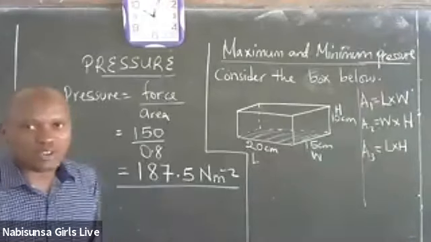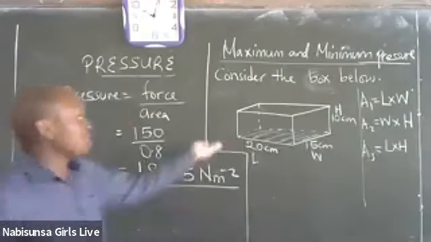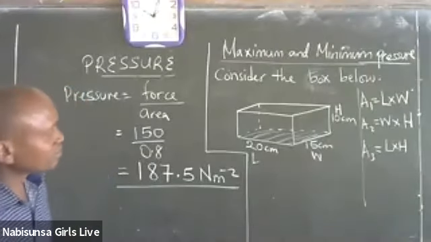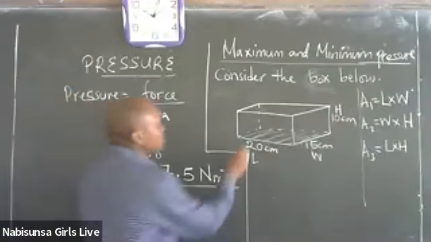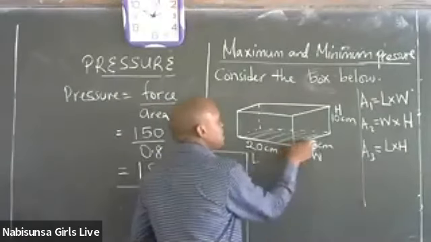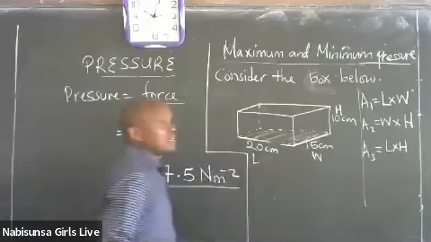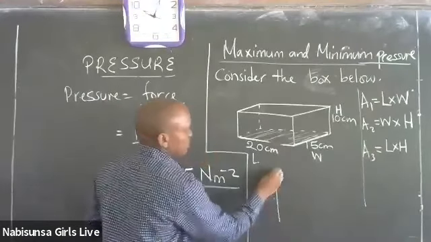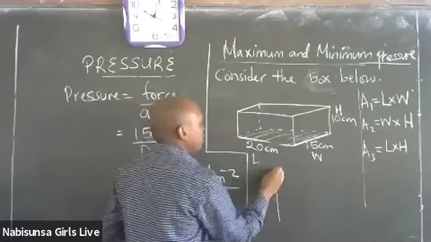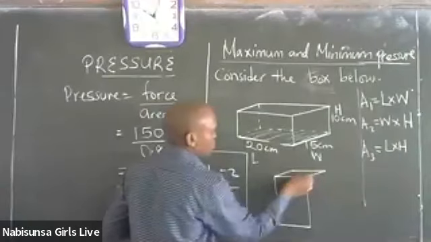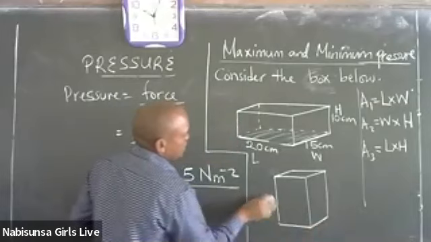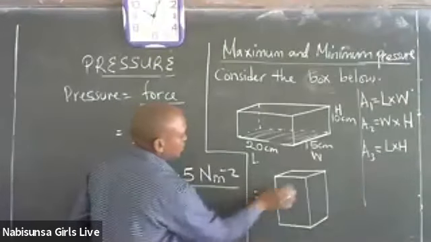Which of those areas is resting on the floor? If this box is resting on the floor or a table, which of those areas is resting? Area 1, because it's the length and the width that is resting. Now, what if I have this box like this? The same box. For this case, now the 20 is here.